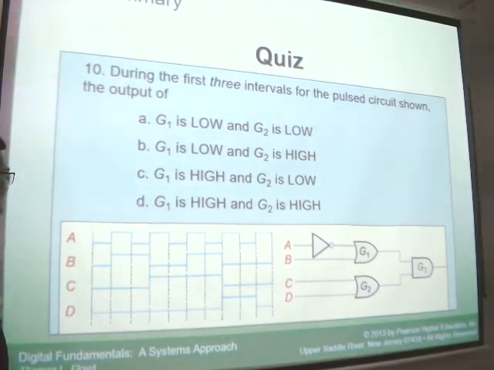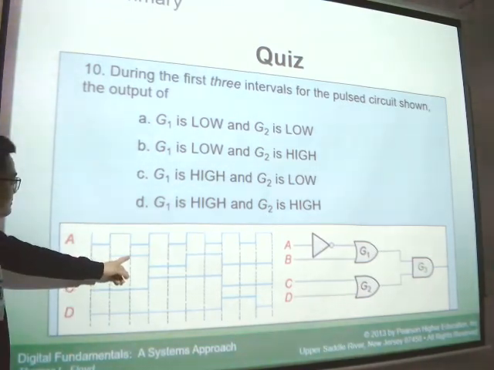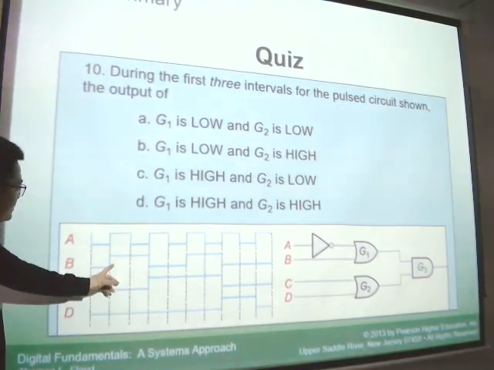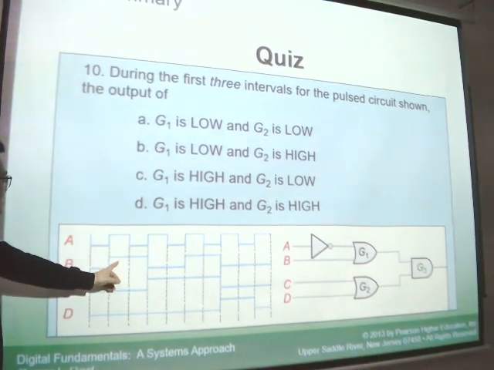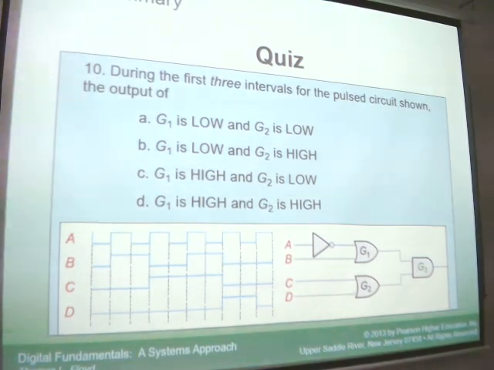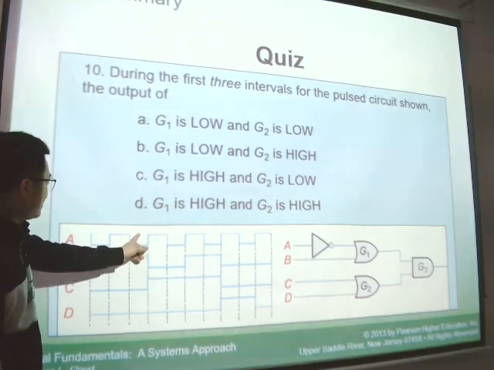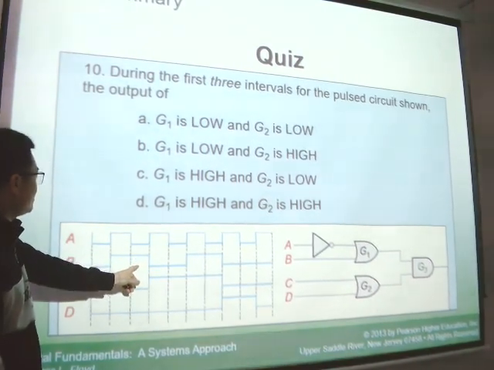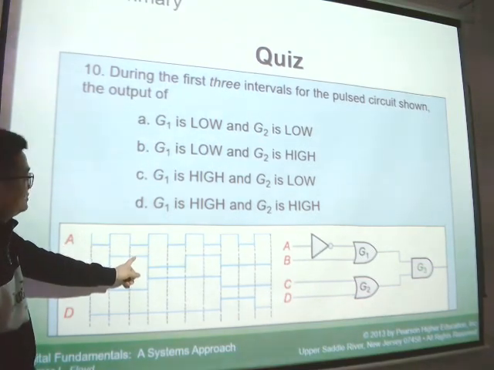It's hard for this question. For this interval, A bar equals 0, but B equals 1, so this equals 1. For this interval, A bar equals 1, B equals 1, so A bar plus B equals 1.